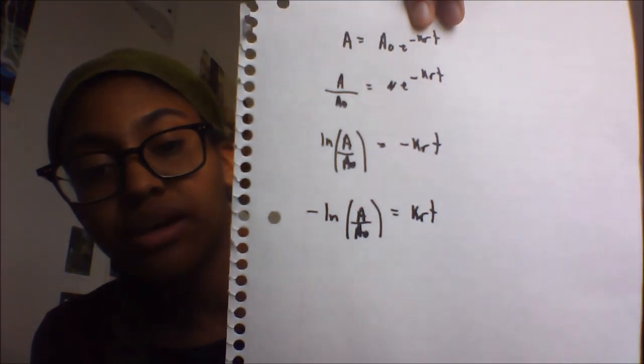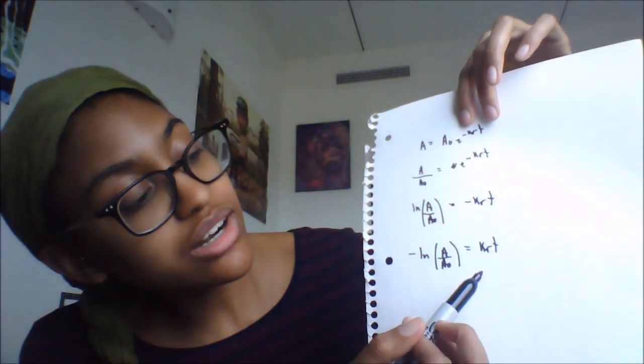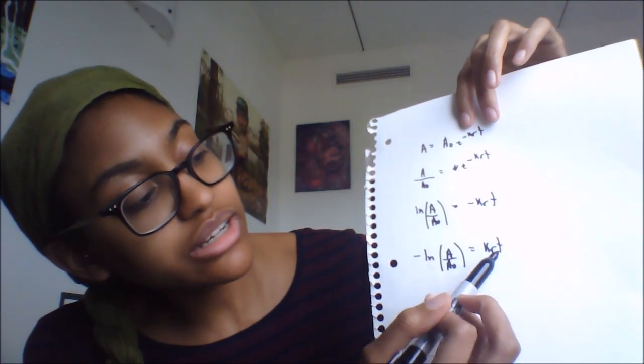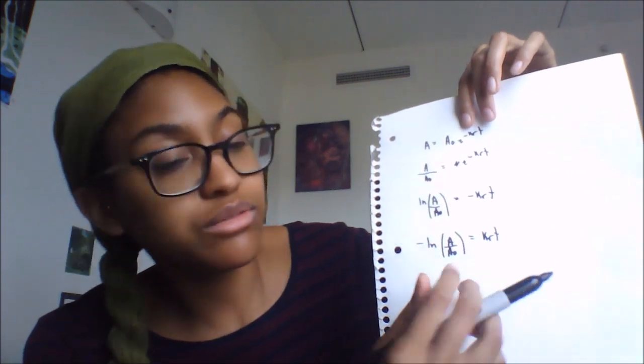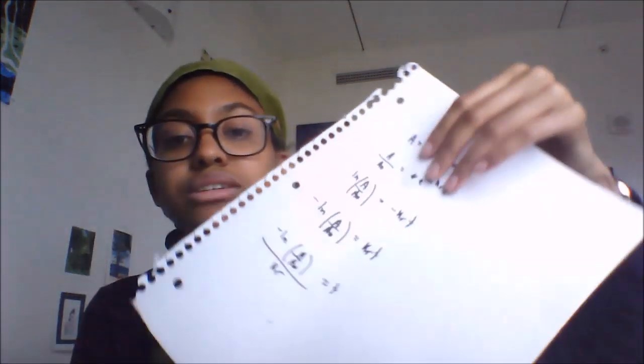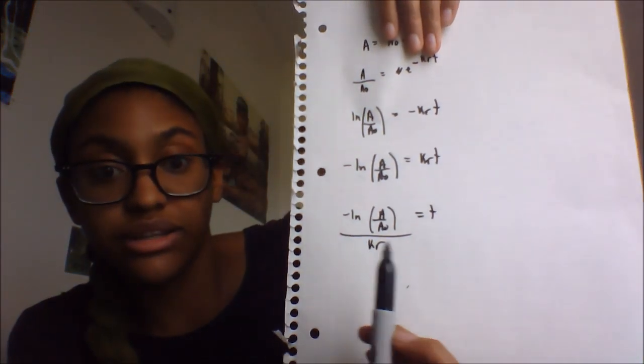And now we're trying to find time, so we just divide both sides by kR, and we will be able to find t. So negative ln of A over A0 divided by kR equals t.